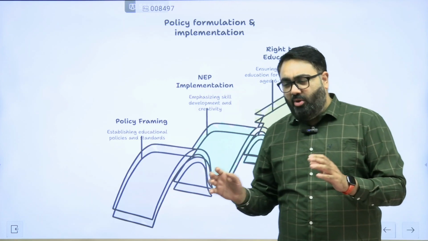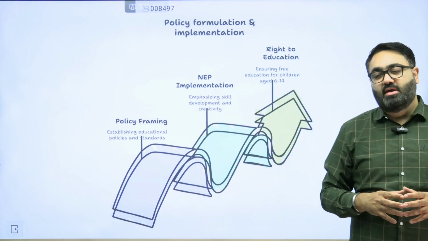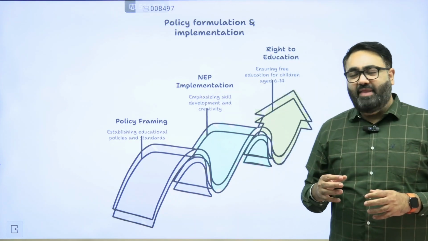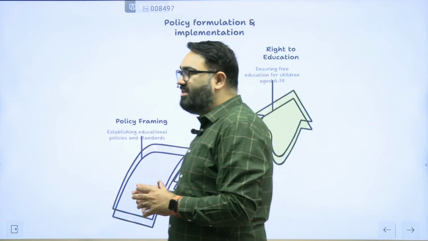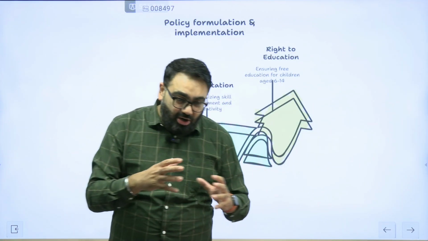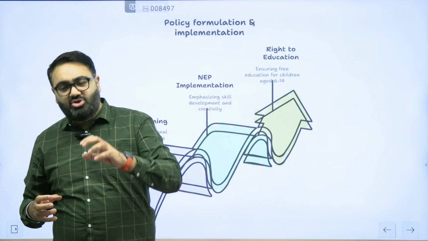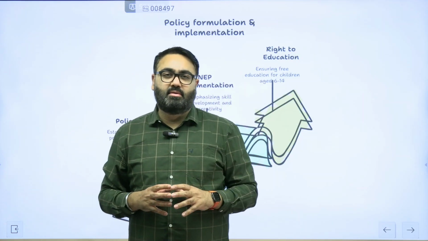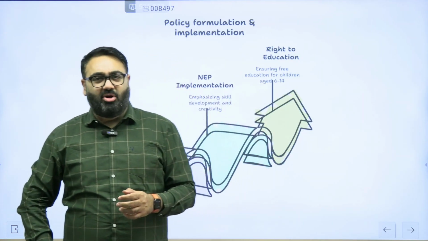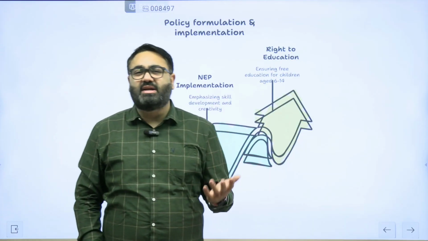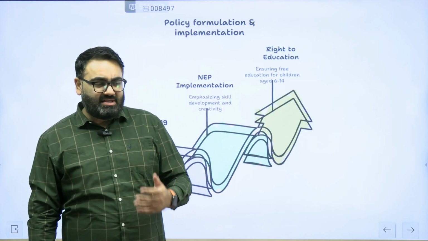When you have a policy, let's say the national education policy, the result is that after this policy has been given, the government then decides which of these they want to implement and which of these they would not want to implement. Like with the national education policy, they said some very interesting ideas. Take this example.